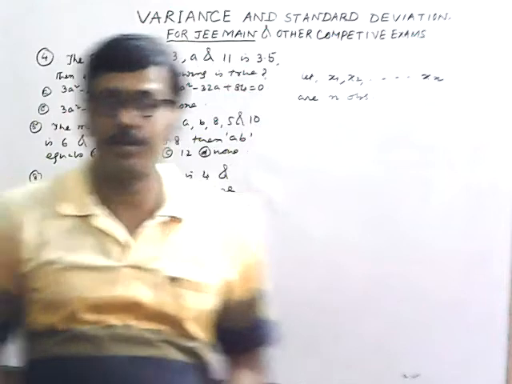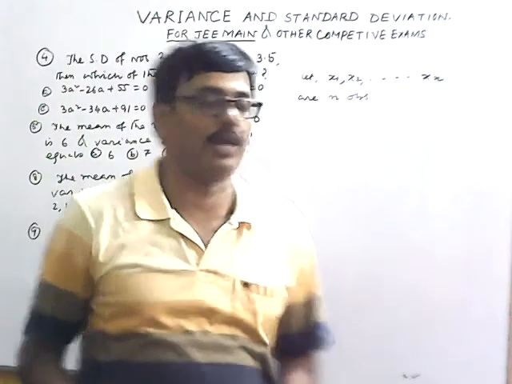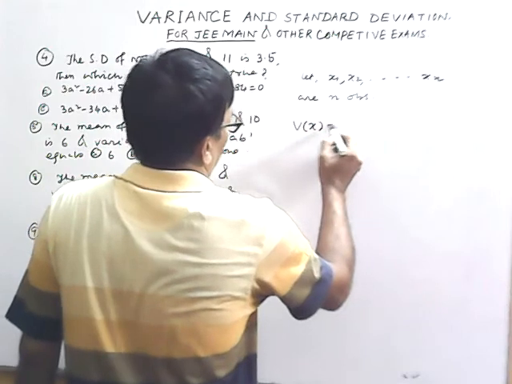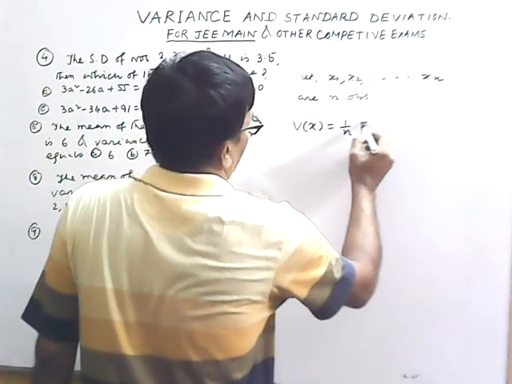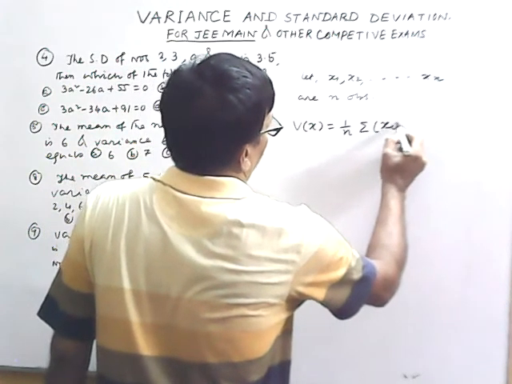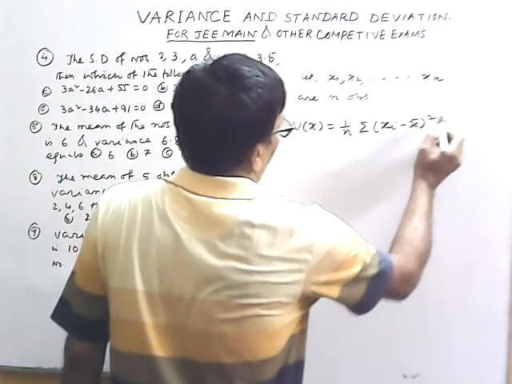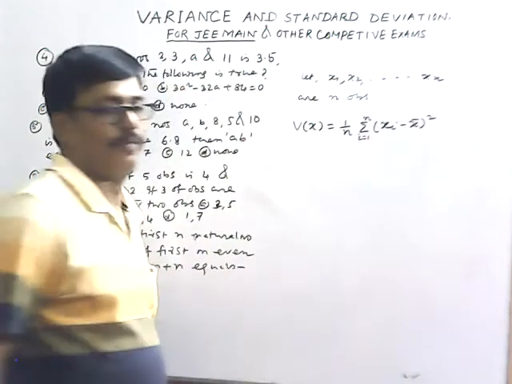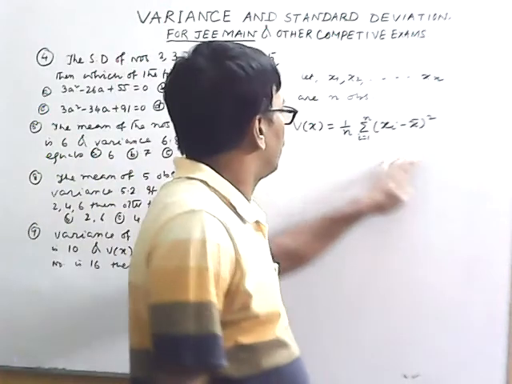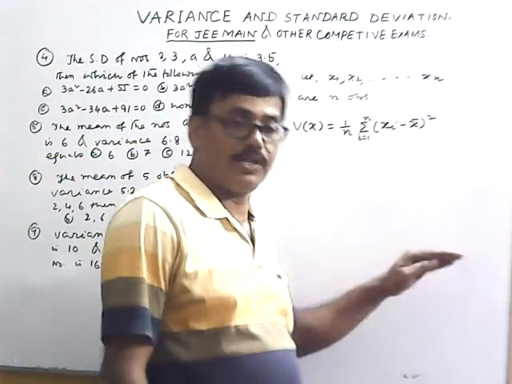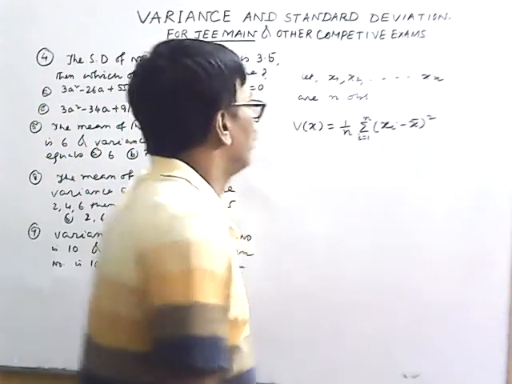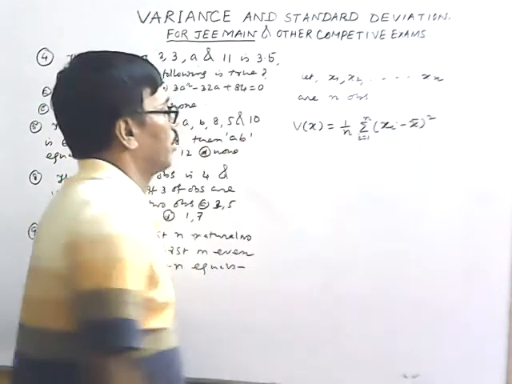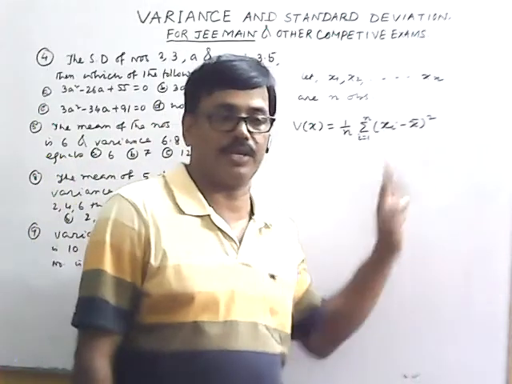Then the variance of the distribution is denoted by Vx, which equals 1 by n summation of (xi minus x bar) whole square, i equals 1 to n. Here xi minus x bar is the deviation from the mean. So the mean of the square of deviation is Vx, that is the variance.